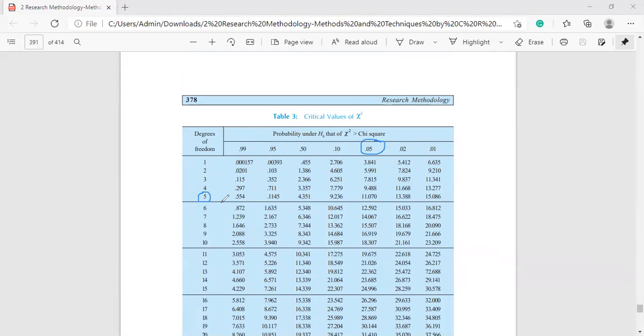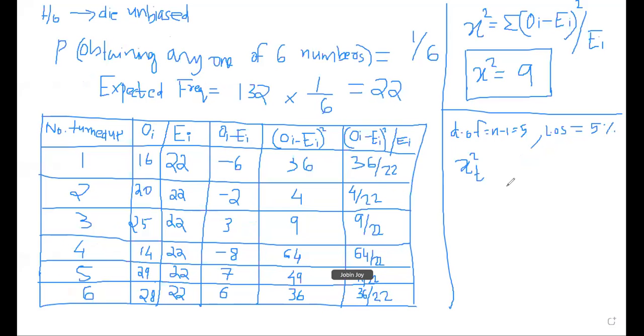So the value is 11.070. So the table value is 11.07. Then you have to compare the table value with the calculated value.